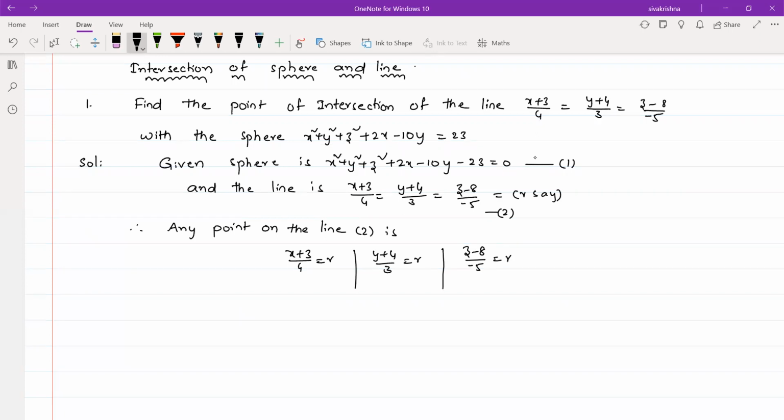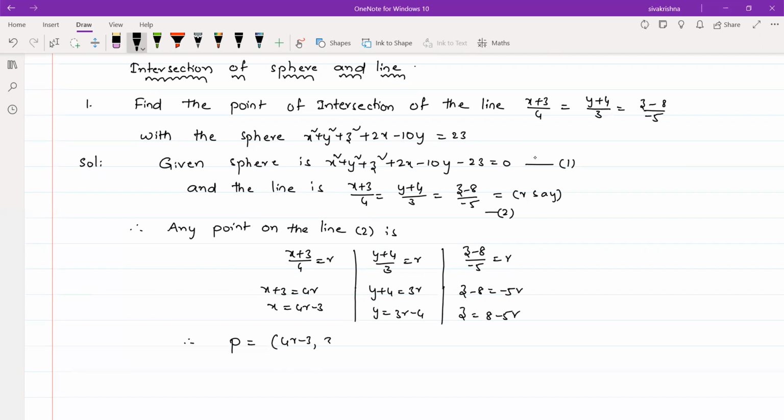So by equating to small r, we get any point on the line. This implies x plus 3 equals 4r, so x equals 4r minus 3. From this, y plus 4 equals 3r, so y equals 3r minus 4. And z minus 8 equals minus 5r, so z equals 8 minus 5r. Therefore any point is P equals (4r minus 3, 3r minus 4, 8 minus 5r).